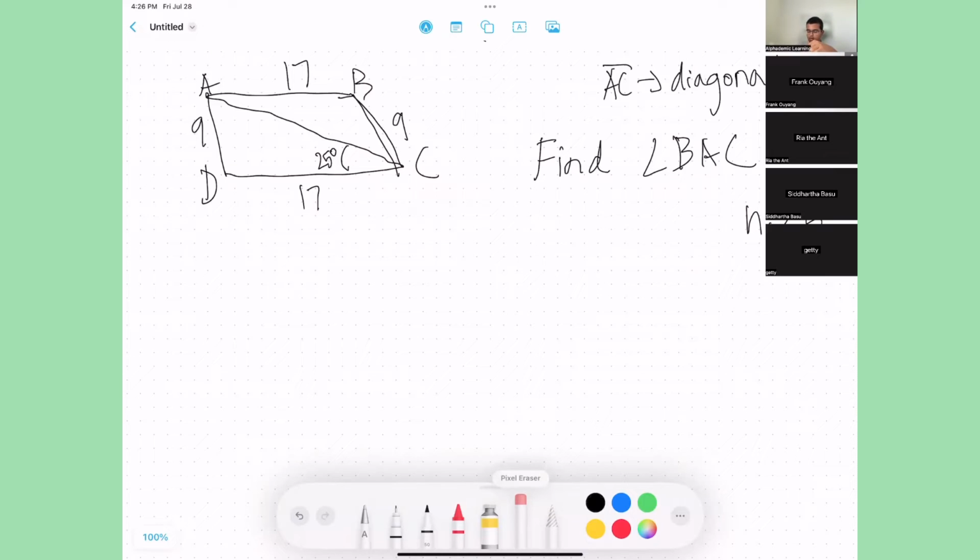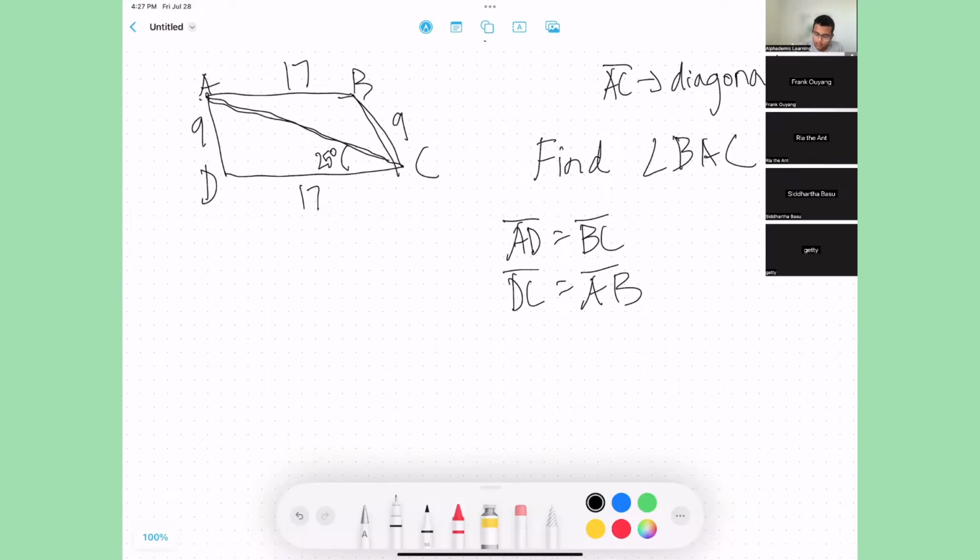So we'll go with the solution now. This was fairly easy to see, but basically you can break this quadrilateral into two triangles, triangle ABC and triangle ADC. You see that line AD equals line BC, line DC equals line AB, and AC equals AC, pretty obvious.